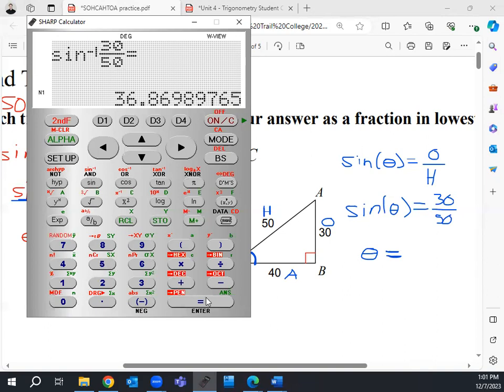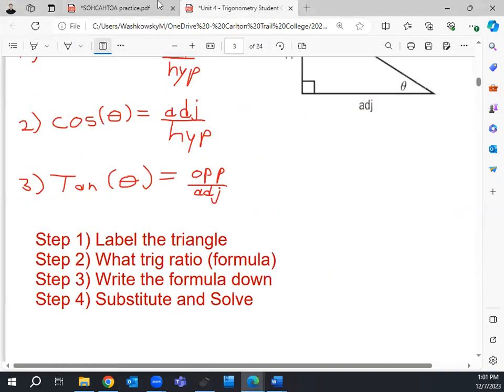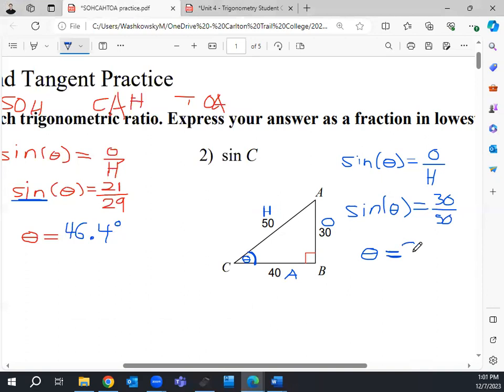And if I do that, I can see I get a nice easy degree, 36.87 degrees. Circle that, that's my final answer.